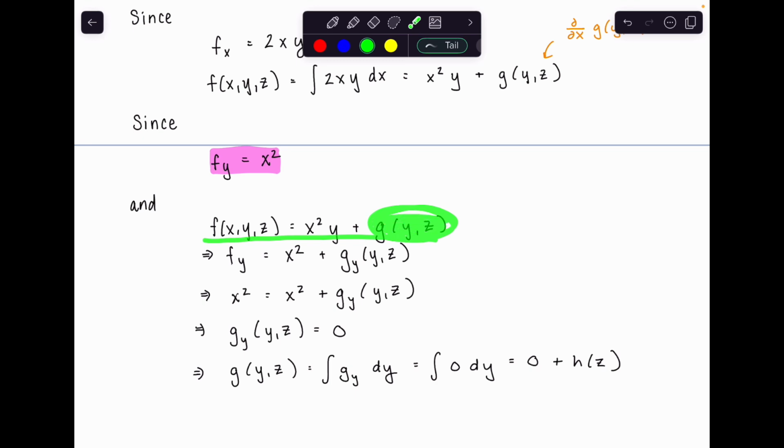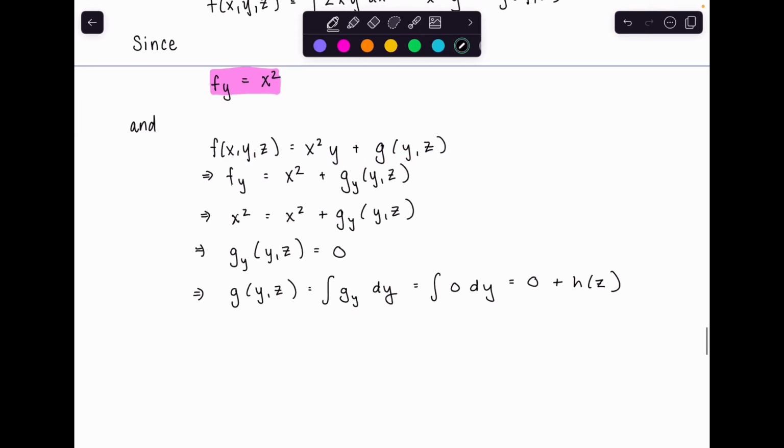This has nothing to do with y, it's instead purely a function of z for now. So where I'm sitting, this is equal to x squared y plus a function of z. So I've been able to update this to just h of z.